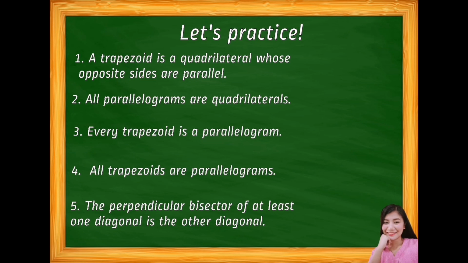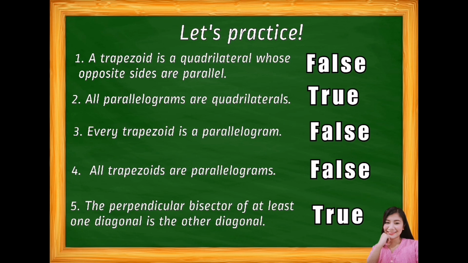All parallelograms are quadrilaterals. Every trapezoid is a parallelogram. All trapezoids are parallelograms. Kite: the perpendicular bisector of at least one diagonal is the other diagonal. So how many scores did you get? Okay, very good, my dear students.